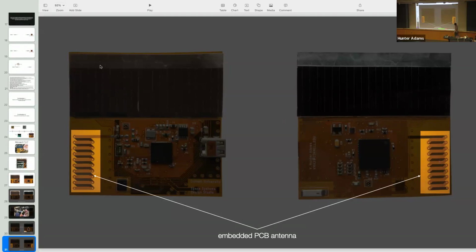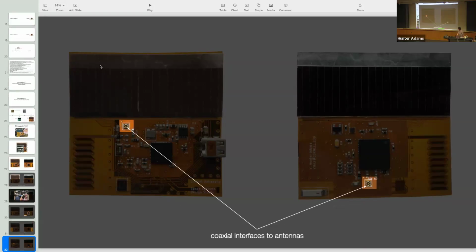But this allowed for us to procure these things from the PCB manufacturer ready to go. There was no extra step associated with having to put on antennas. And so in bulk, it made these much less costly to manufacture in very, very large numbers because it removes a bottleneck from the manufacturing process. And so though the performance is a little bit lower, it was worth it to get the extra manufacturability.